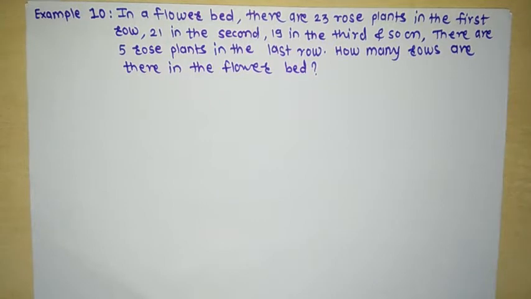There are 5 rose plants in the last row. How many rows are there in the flower bed?